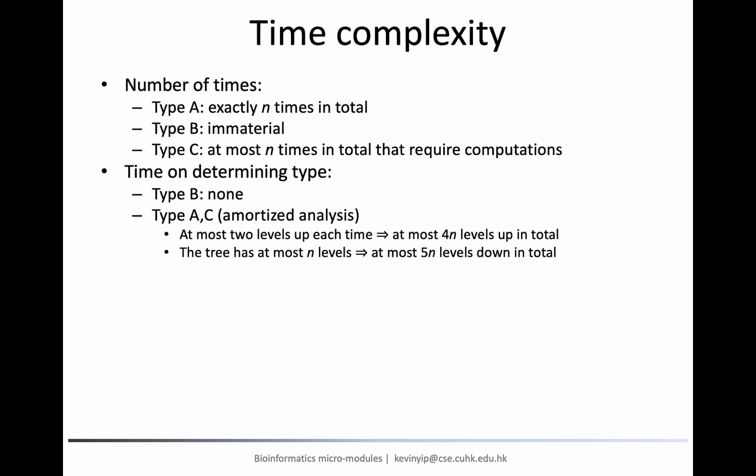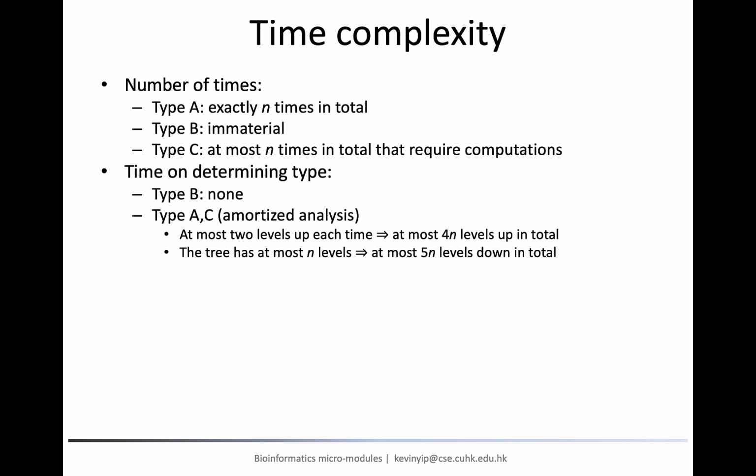On the other hand, we know that in the final tree, the maximum depth is at most n, which only happens when every character of the longest suffix occupies a separate node. We also know that if we are traversing down the tree, we cannot go beyond a leaf node.